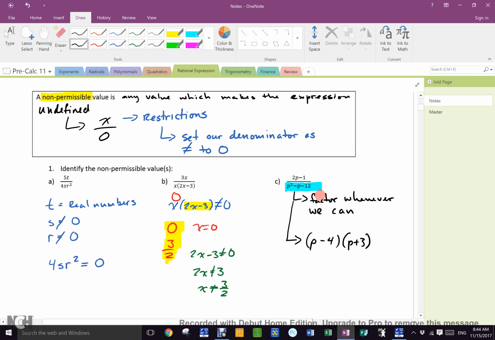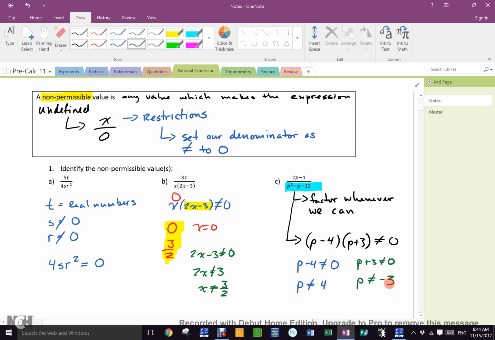And that is this denominator, yes? So that cannot equal 0, which means P minus 4 can't equal 0, which means P can't equal 4, and it means P plus 3 can't equal 0, which means P can't equal -3.